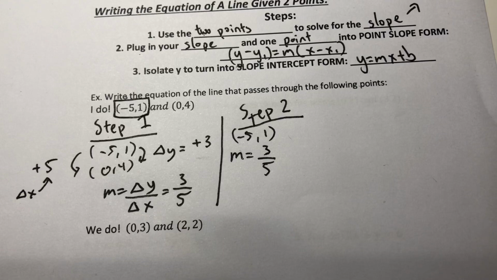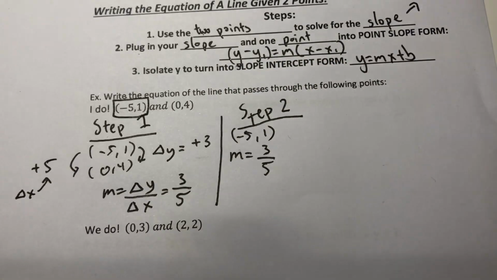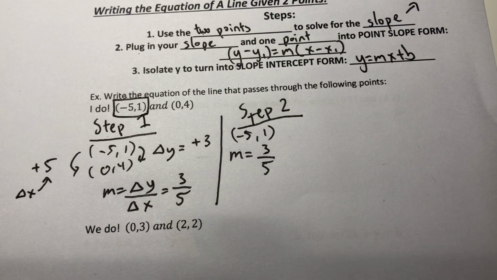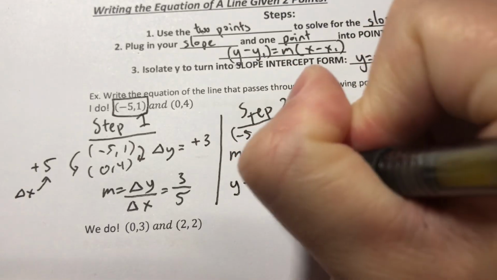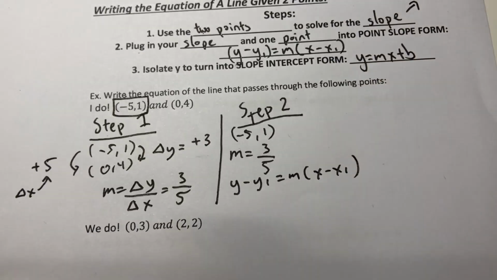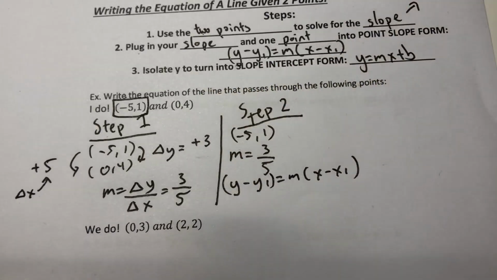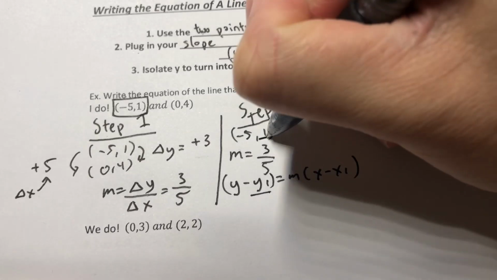Alright, now I'm going to plug both the x1 and the y1 into my point slope. Y minus y1 is equal to m parentheses x minus x1. So my y1 was going to be 1.